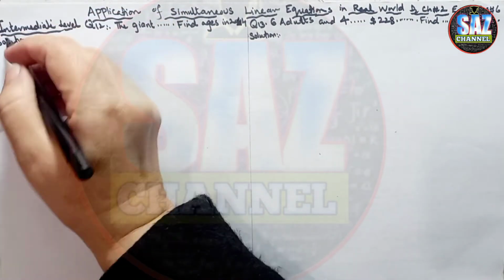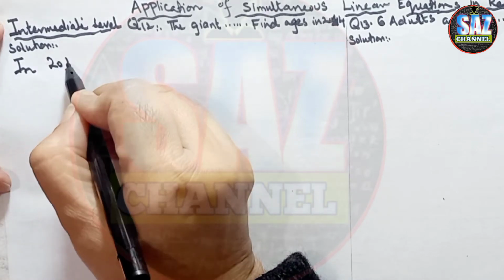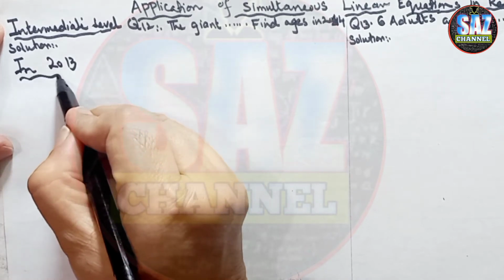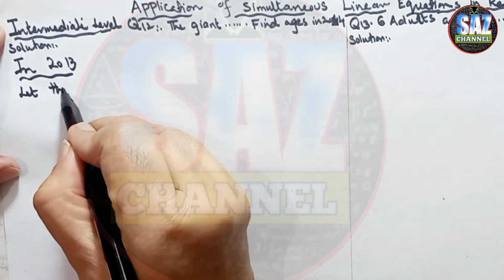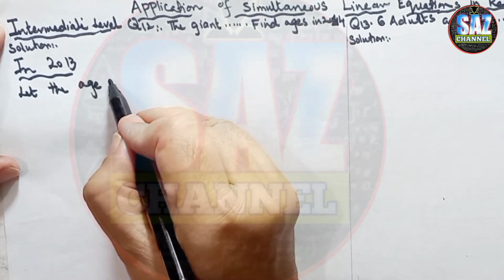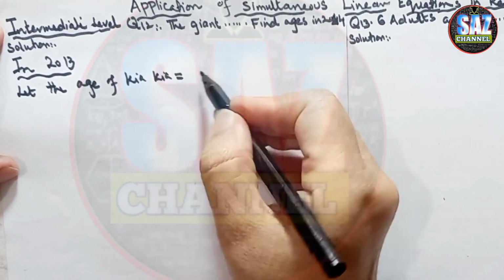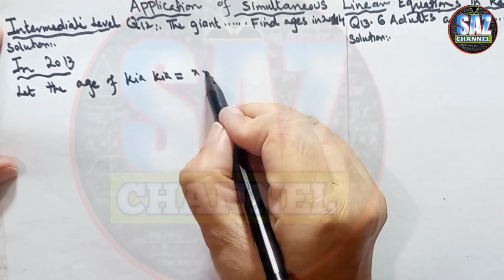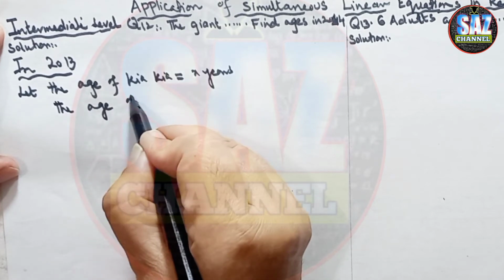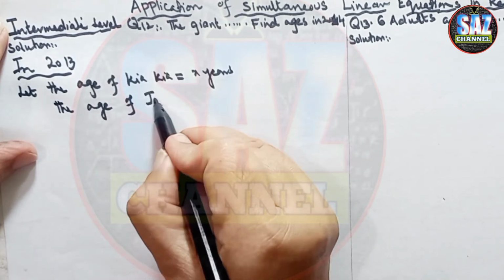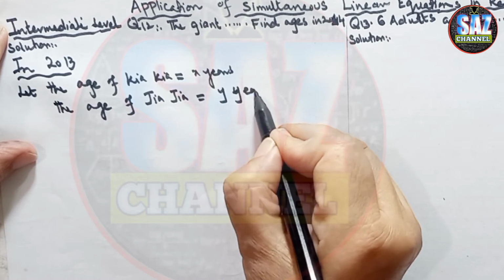We will suppose, in 2013, this is the information I'm writing on the basis of the year 2013, let Kia's age be x years, and Gia's age in 2013 be y years.